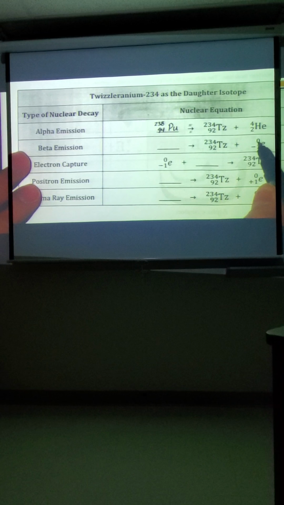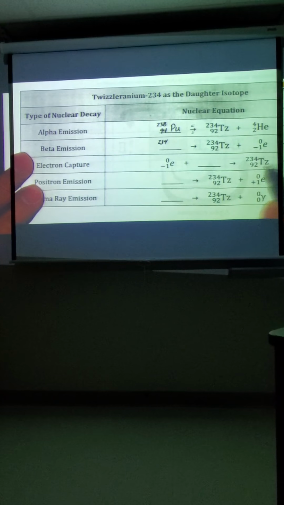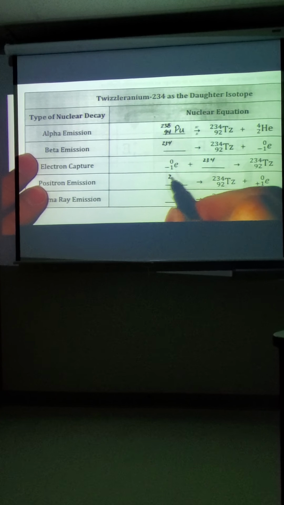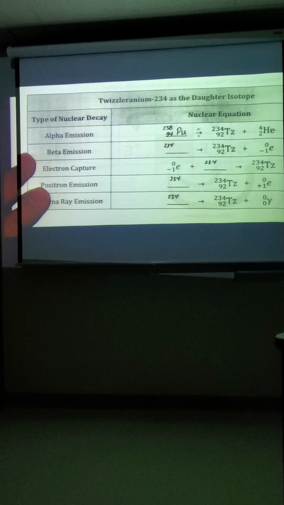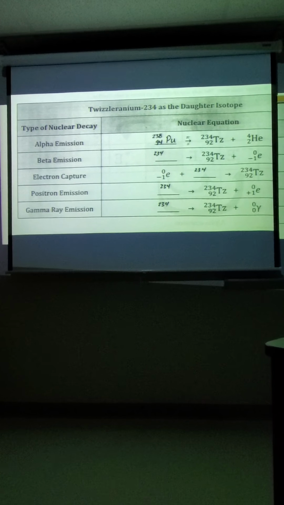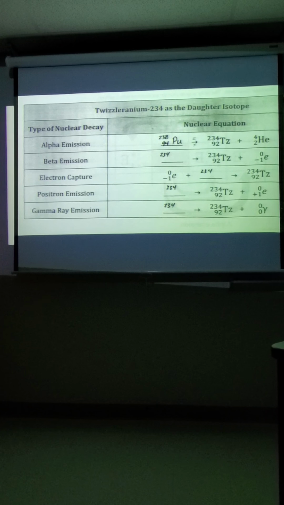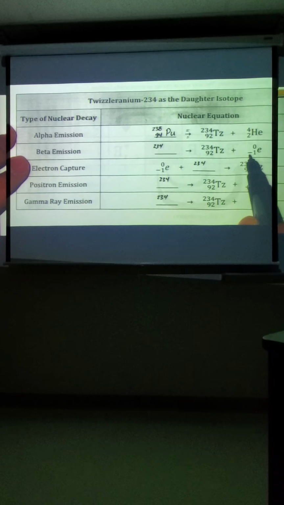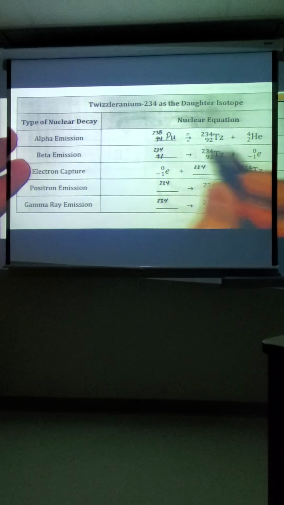So 234 plus 0, so we're back to that same idea of 234, 234. Whether you're the parent or the daughter, only alpha changes your mass number. That's the easiest way to recognize it from all the others. So here we have 92 minus 1, so that's 91.